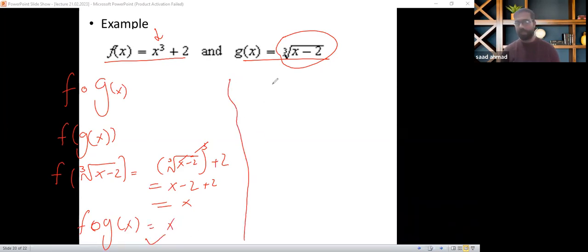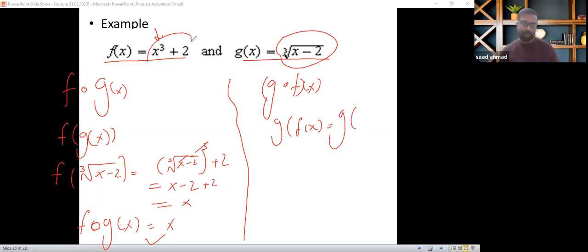Now we need to check g of f of x. You write it like this, g of f of x. So what is f of x? f of x is equal to x cubed plus 2. Then you take the g here and substitute in the x, because when the input was x, it was x there.